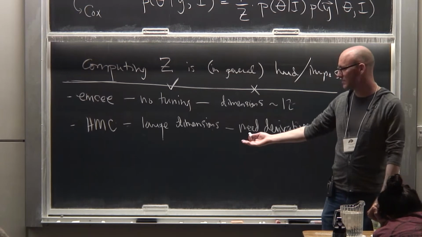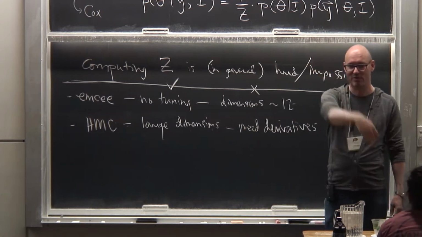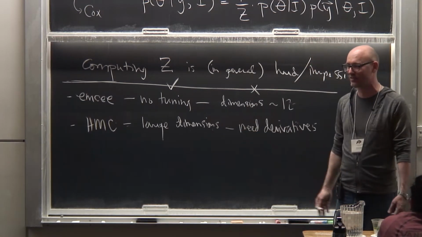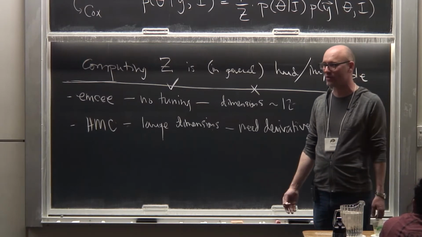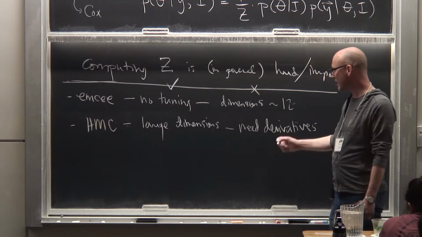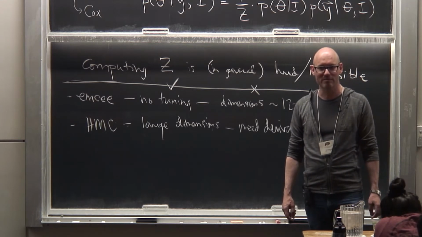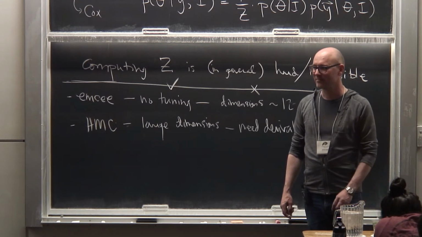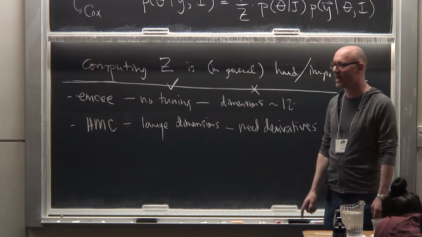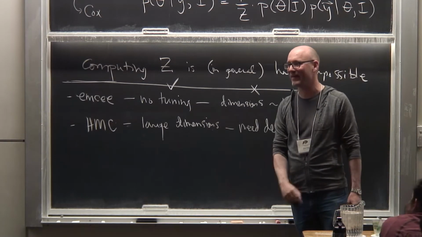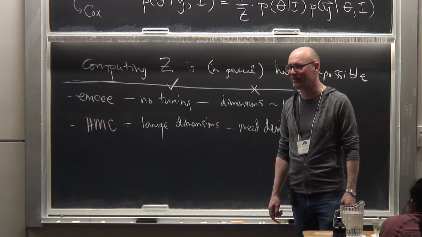And remember, this is a Hamiltonian method, so it's flying your point around your space, so it actually needs to know the force law, and the force law is the derivatives. So you need to write code that has its own derivatives. If you numerically calculate, you lose all the speed advantage. You have to have analytic derivatives.